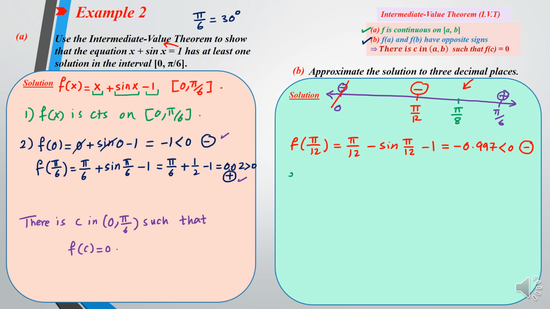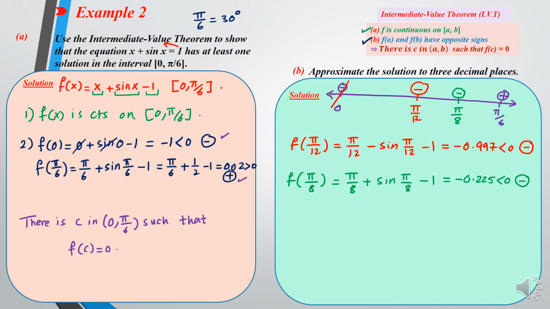Now you have to plug pi over 8 in the function we have, and you'll get pi over 8 plus sine pi over 8 minus 1. And this gives us, using a calculator, negative 0.225, which is less than 0. So we have negative here.